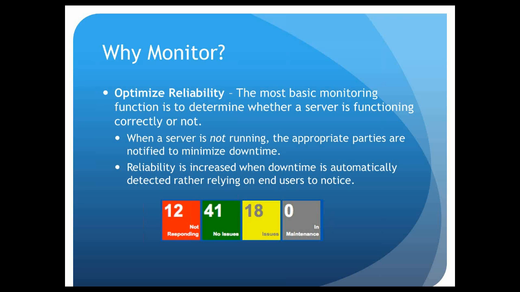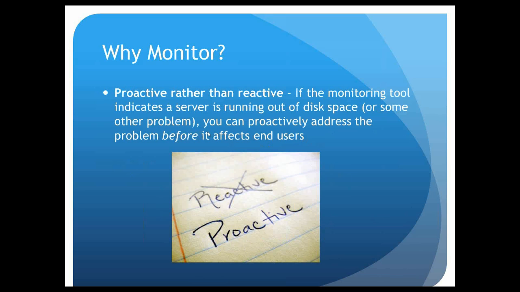If the IT folks can get a jump on that before the end users start to notice, then that's a perfect example of minimizing the effects of the disaster, whatever the disaster may be. And what we really would like to be is proactive rather than reactive.